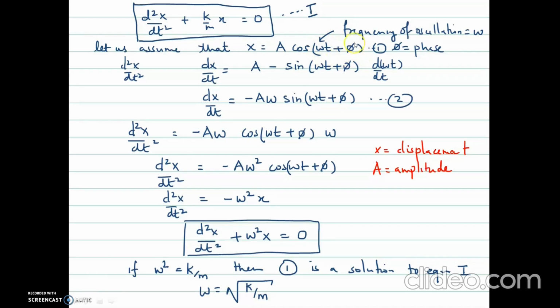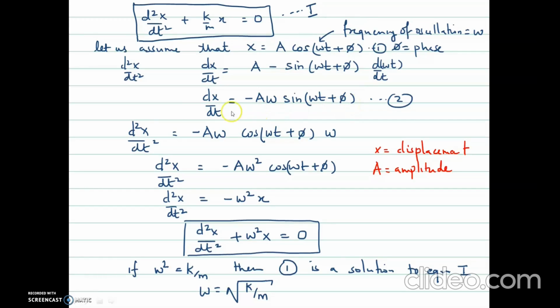So inside you have omega t plus phi, and phi is a constant, so there is no derivative for this constant, it's 0, and then you have to take the derivative of omega t. So it will be d by dt of omega t. So this is just omega. So you end up with dx by dt being minus A omega sine of the term omega t plus phi.